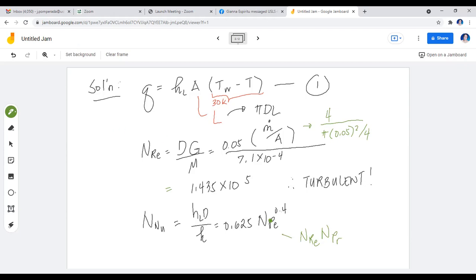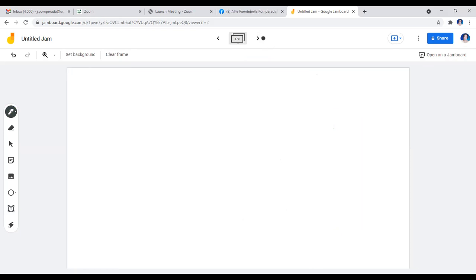In here, you need first to find the Reynolds number. We have it already. Then next would be the Prandtl number. So I will go back to this formula after I have determined the Prandtl number. This is our equation 2. So let's go to the next page to solve for the Prandtl number. The Prandtl number is given by the formula heat capacity times the viscosity over the thermal conductivity of the fluid.